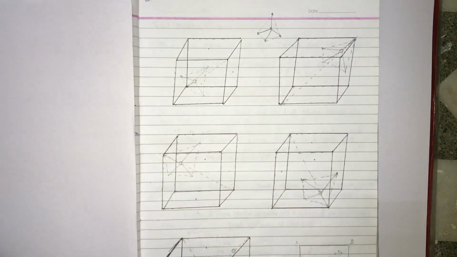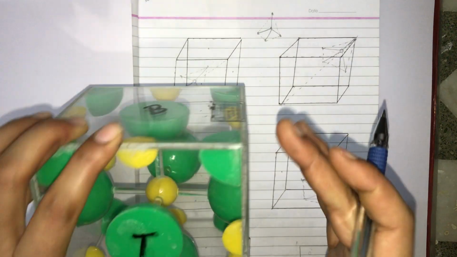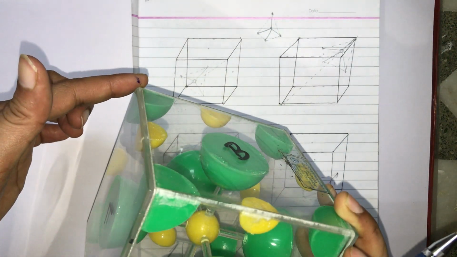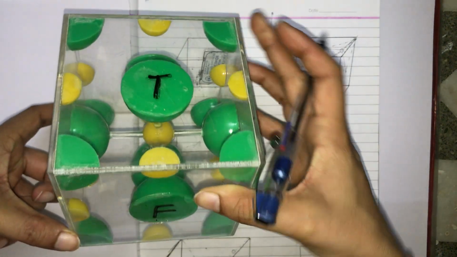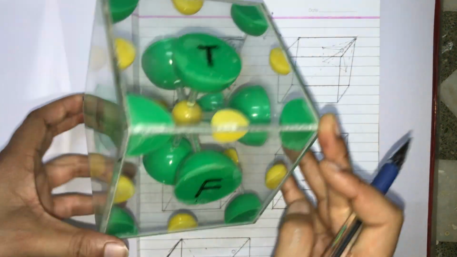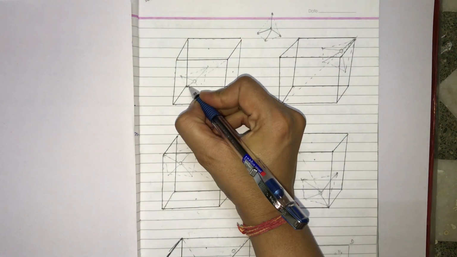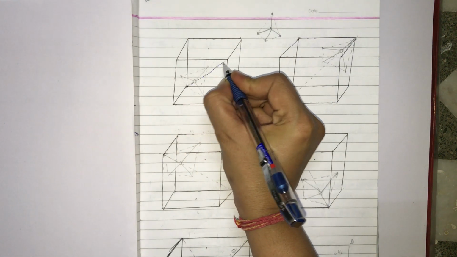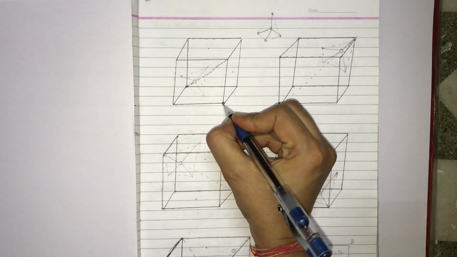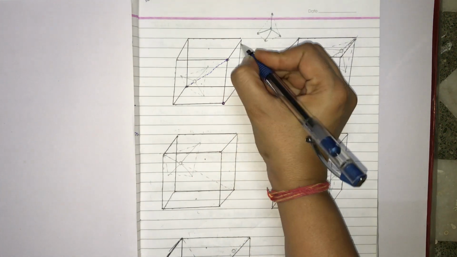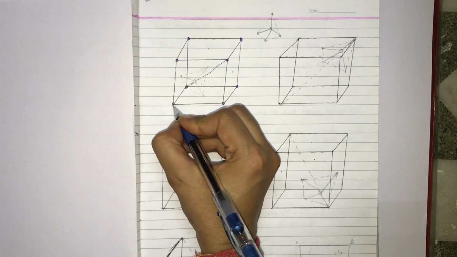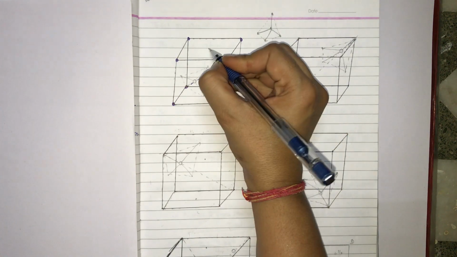So let's start with the first body diagonal, which I have marked. This is the back face, again this one is the back face, and this is the bottom point, and the left side is joined with this point, front and top, then this will mark a body diagonal. So this is the first body diagonal along this side, and the carbon atoms are located at the 8 corner positions, and also at the face centered positions.